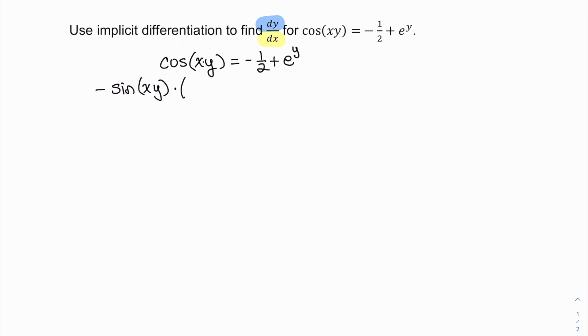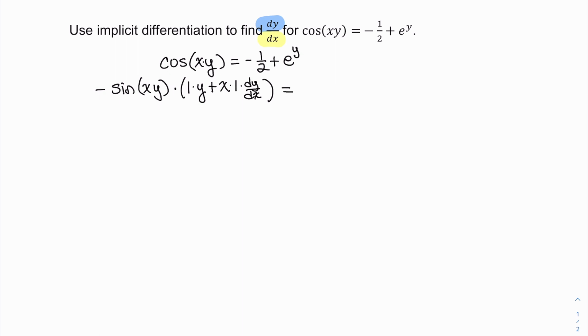That's the derivative of the first factor, the derivative of x is 1, times the second factor unchanged, plus the first factor times the derivative of the second factor. The second factor here is the letter y. The derivative of y is 1, but it's the dependent variable, so by the chain rule, I also have to multiply by dy/dx.